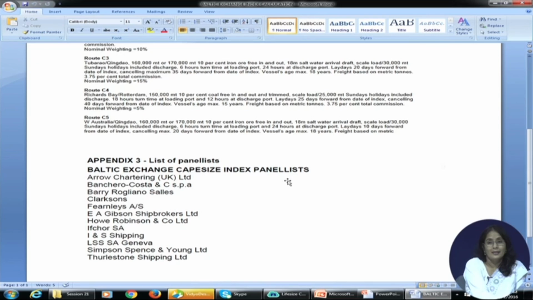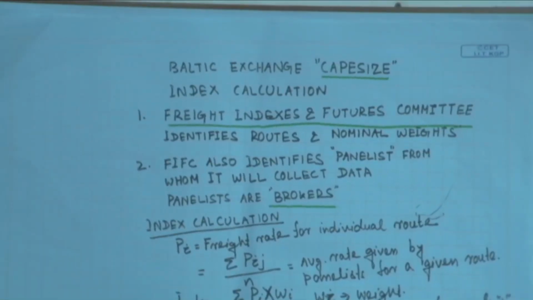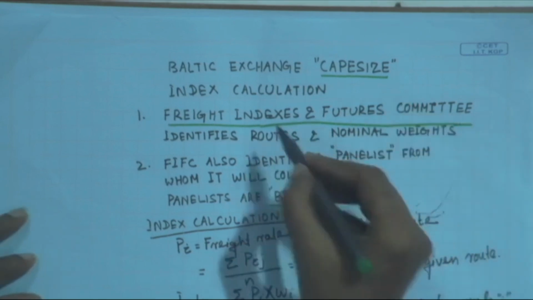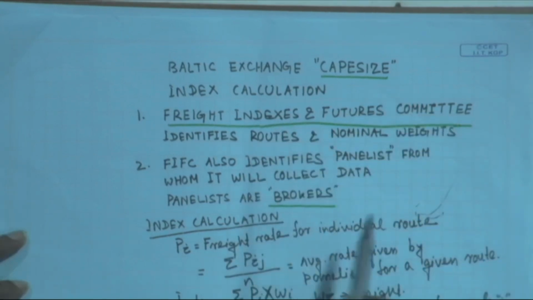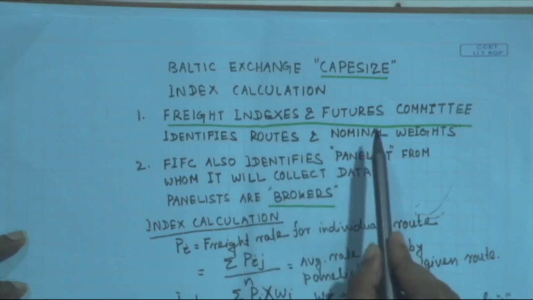Now let's take an example to see how this is calculated. It's a simple calculation, but let's spend a couple of minutes. This is the Baltic Exchange Cape size index calculation. Which body calculates it? The Freight Index Futures Committee.